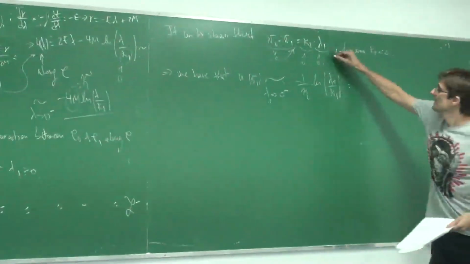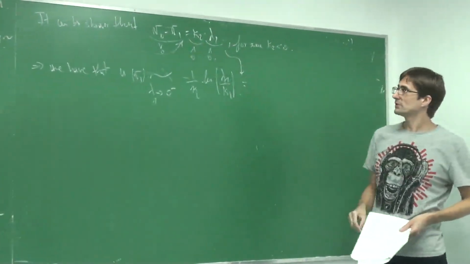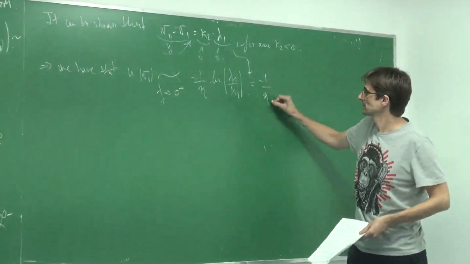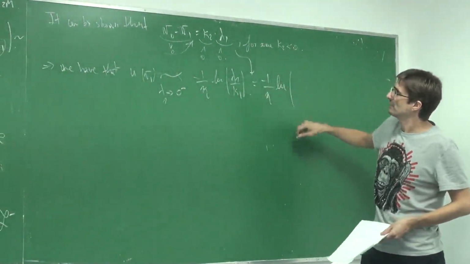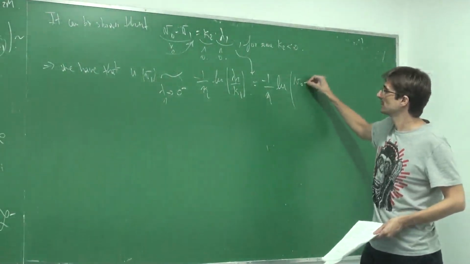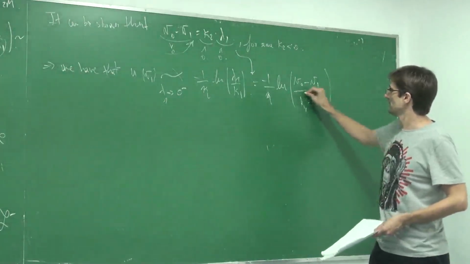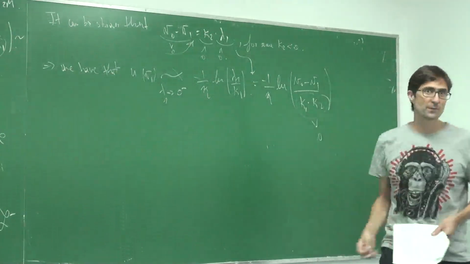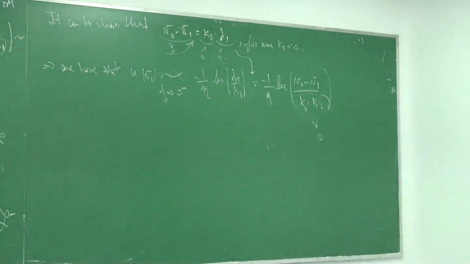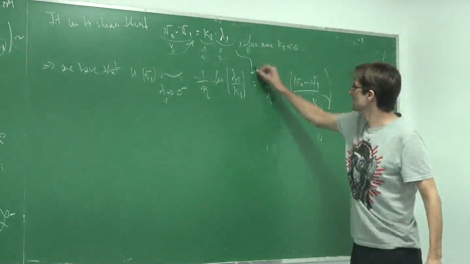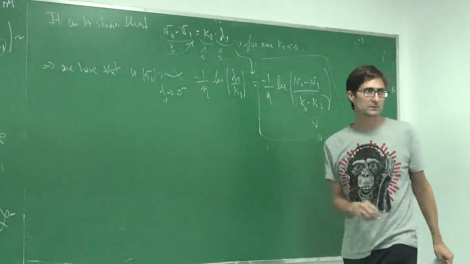Okay, we've got this, and now we can use this relationship. And lambda 1 is V0 minus V1 times K1 times K2. K1 and K2 are both negative, so K1 times K2 is positive. Okay, so this is very important.